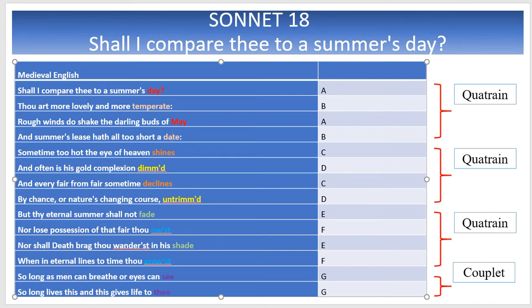So if you don't know that this sonnet was written by William Shakespeare, you can tell from the layout and division that it is a Shakespearean sonnet. The first reason is that the sonnet falls into 4 parts, 3 quatrains and 1 couplet.